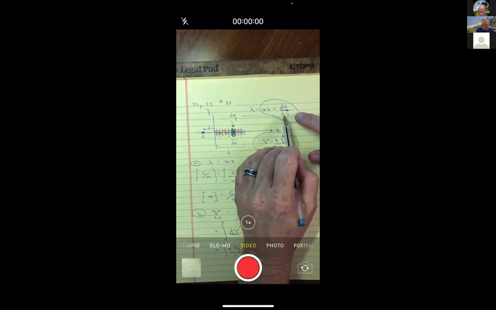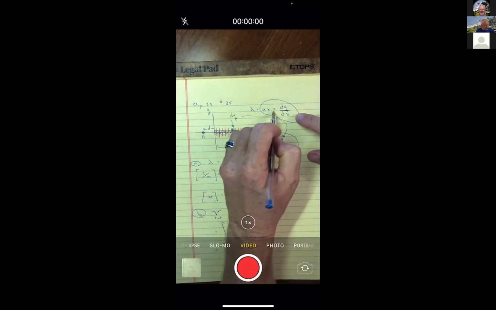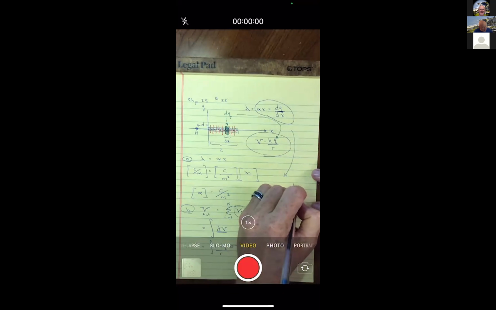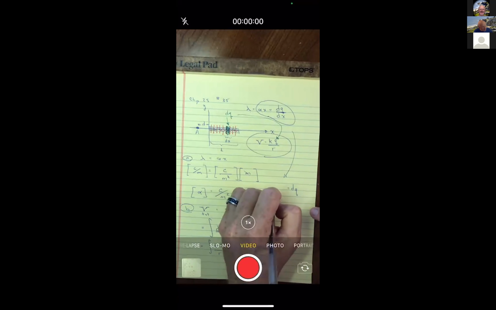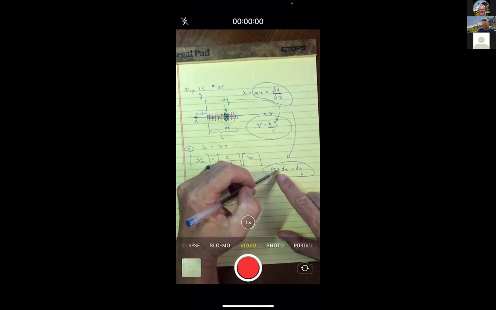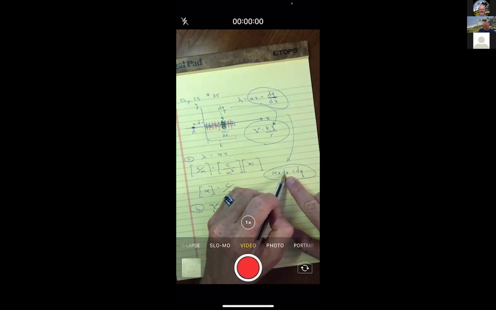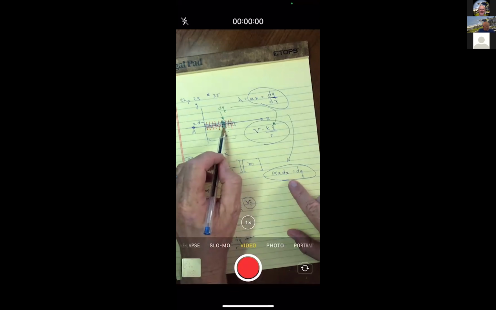I'm going to take advantage of that and move the dx to this side. Maybe I'll write it down here. The amount of charge in this little box would be alpha x dx. The alpha x is the lambda, the charge density. Then I multiply by a small distance of dx right here. That is how much charge is in that little piece.